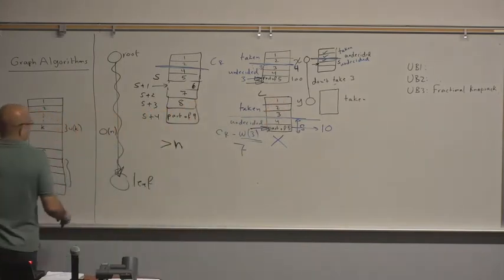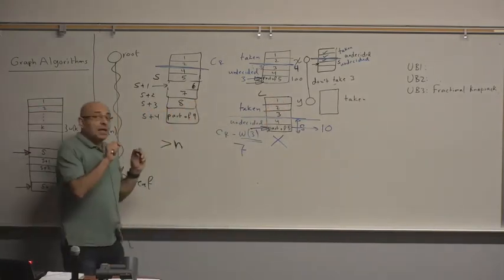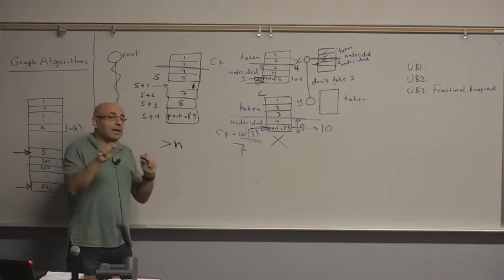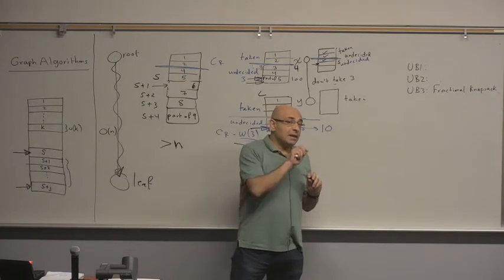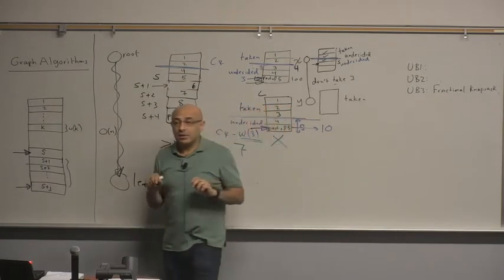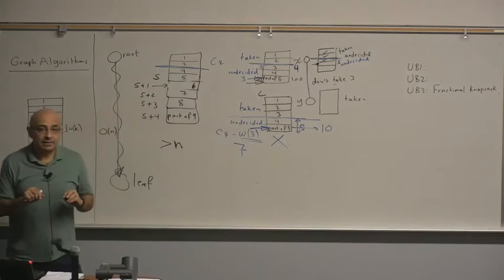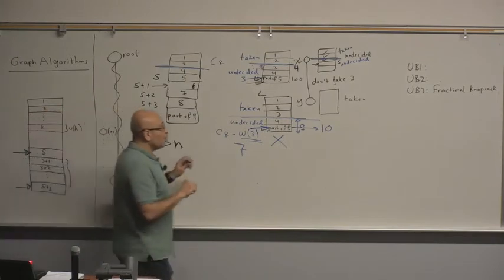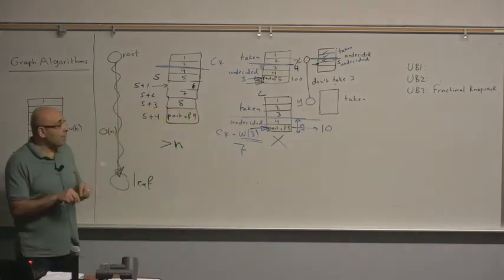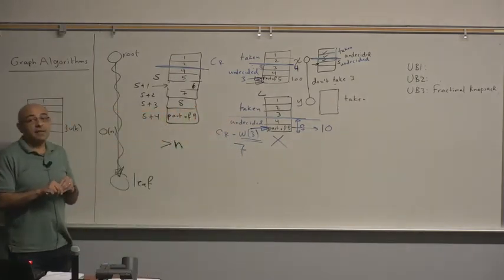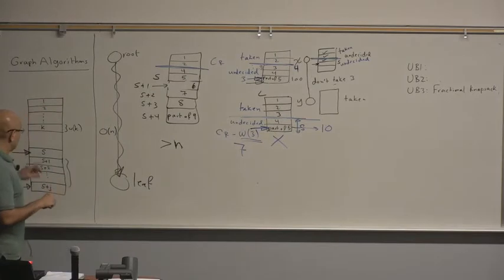So an item may get processed at multiple nodes if it's big enough. This means that an item may be processed by more than one node, which means that the number of operations will exceed n. But last time, what we proved is that the number of operations applied to an item cannot exceed 3n. Why is that? Because when we count the operations, we count slack operations and non-slack operations separately.